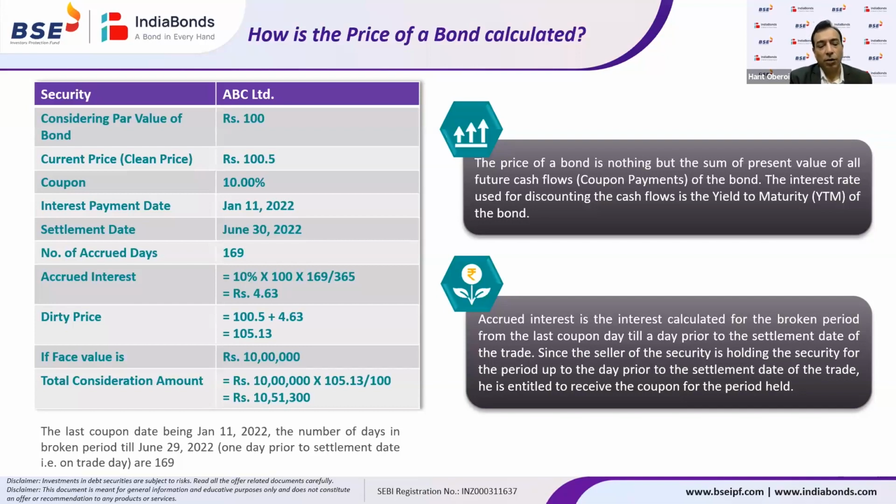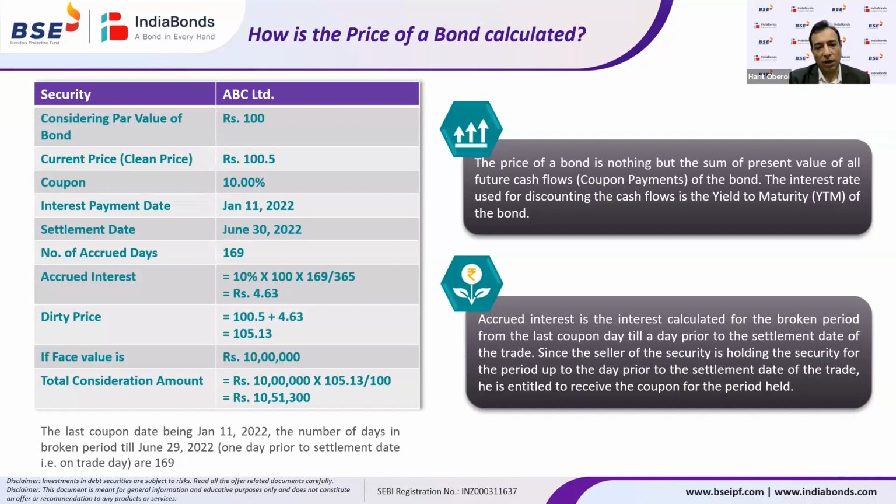Basically you calculate the accrued interest component and you pay the accrued interest. So B as an investor will pay that 169 days of interest to investor A, because that is his component of holding. And at the end of the next interest payment cycle, investor B will receive the entire interest for that duration. This is also a part of your calculation.